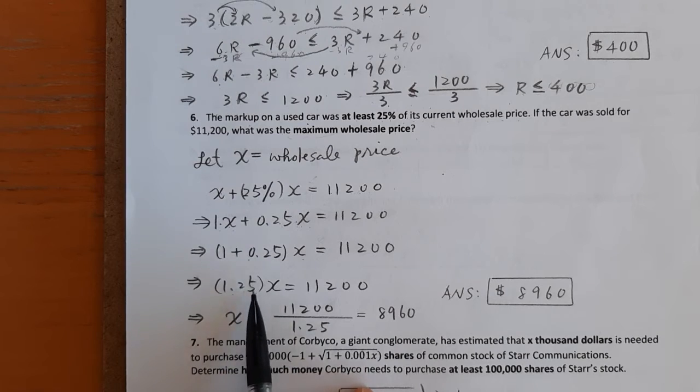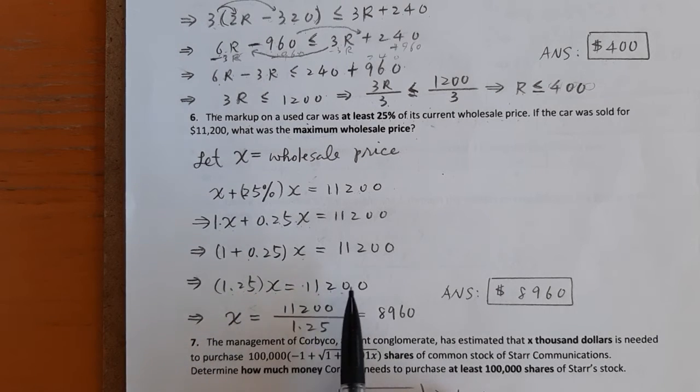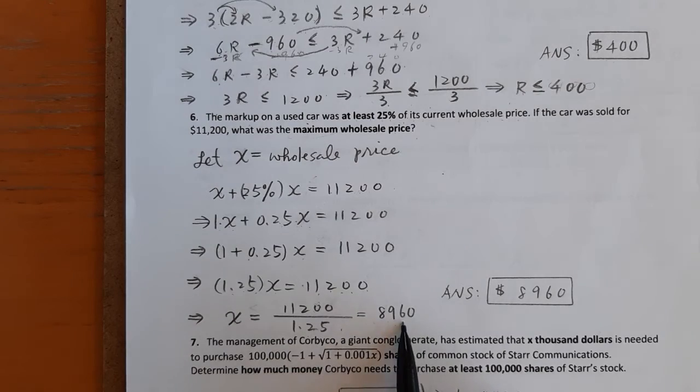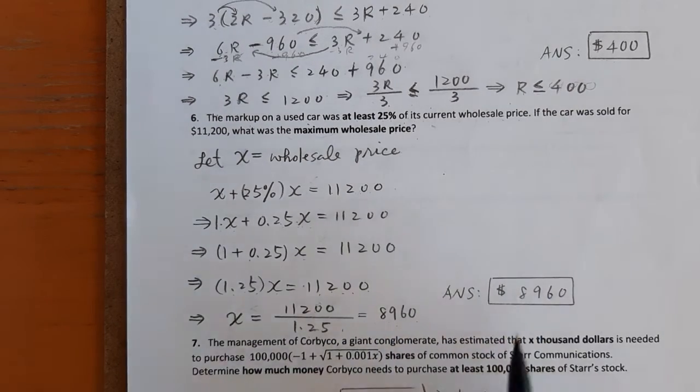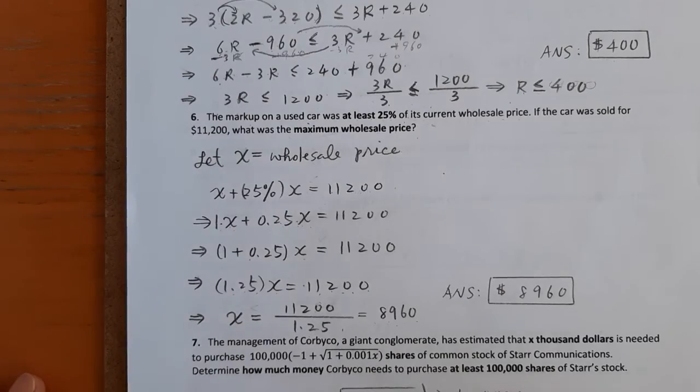Get 1.25x equals 11200. Then solve for X. So you divide by 1.25. You can use a calculator, divide it, get $8,960 is the wholesale price.